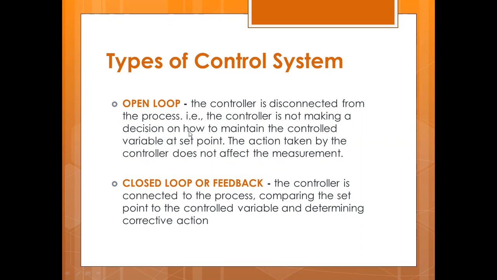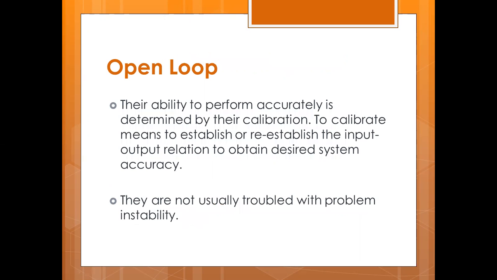The measurement does not affect any action that the controller decides to do or equates the control element to do, because your measured value is disconnected from the controller. The closed loop, or the feedback loop, is where the controller is connected to the process, comparing the set point to the control variable and determining the appropriate corrective action to return the control variable to its value.